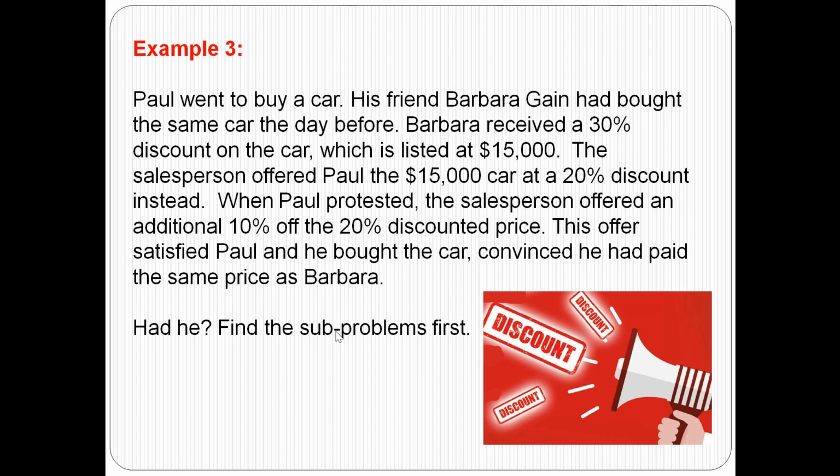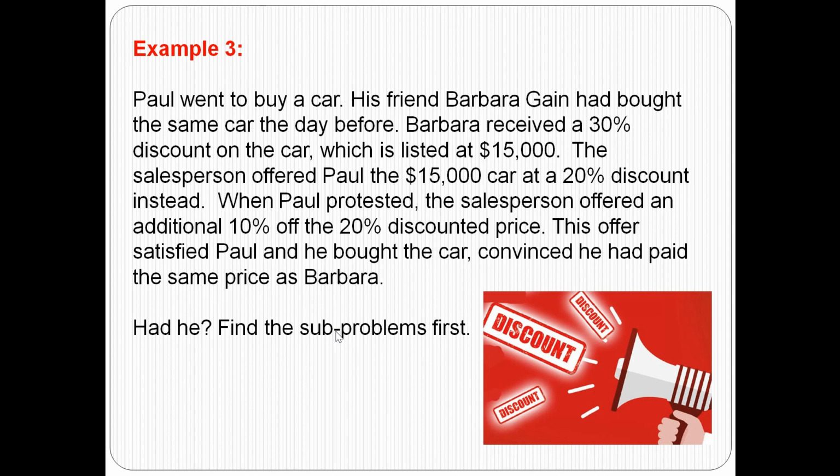When Paul protested, the salesperson offered an additional 10% off the 20% discount price. This offer satisfied Paul, and he bought the car, convinced that he had paid the same price as Barbara. Had he? Find the sub-problem lists first.